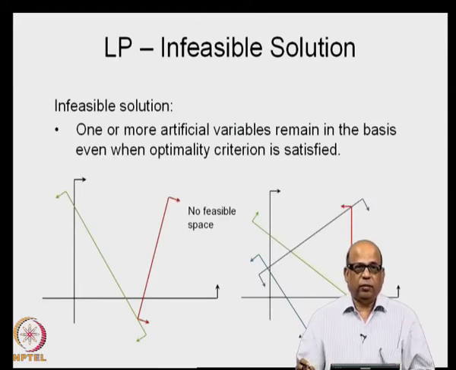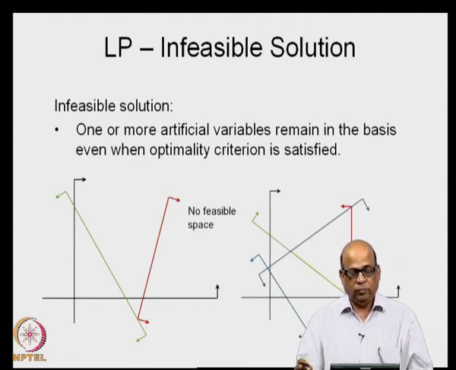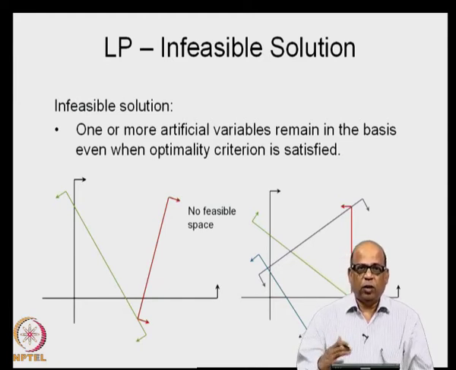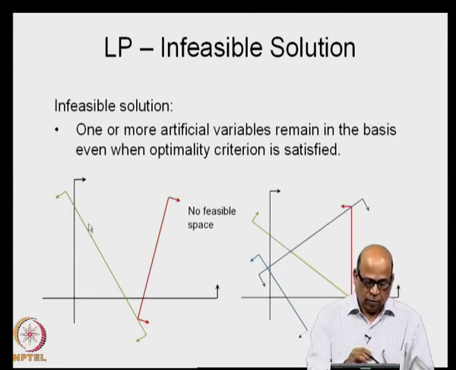Let us look at the other case where we talked about infeasible solutions. Recall that in infeasible problems, you are not able to get any feasible space. So, one constraint may be looking in this direction, the other constraint may be looking in this direction.